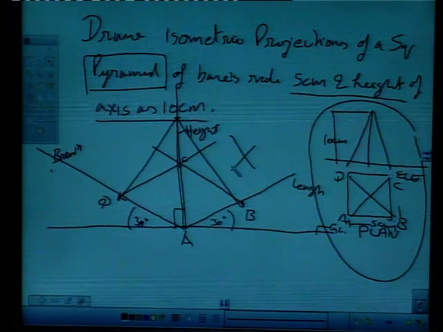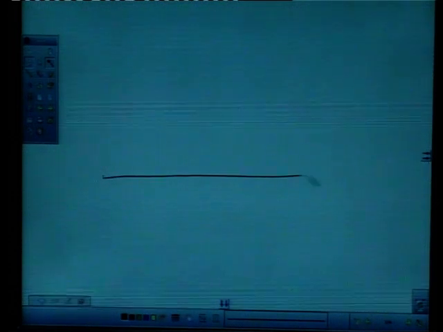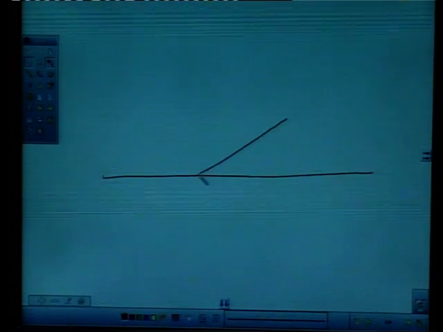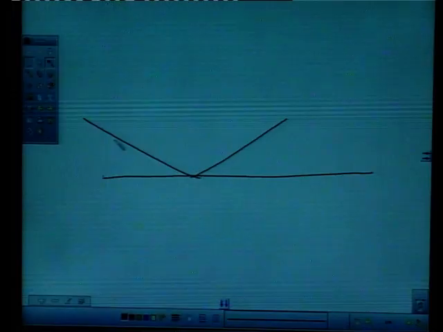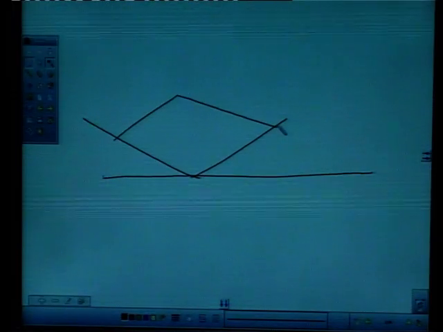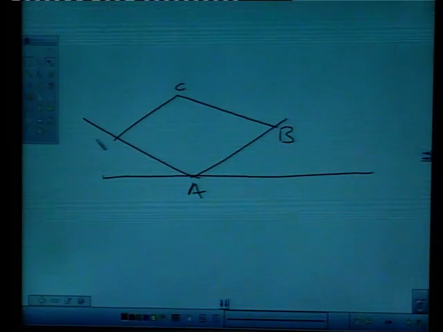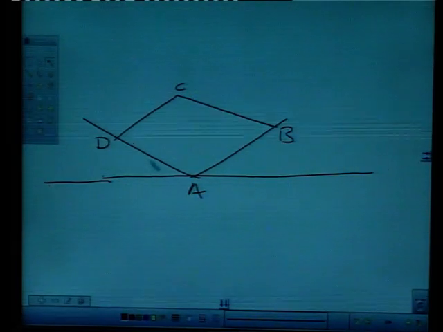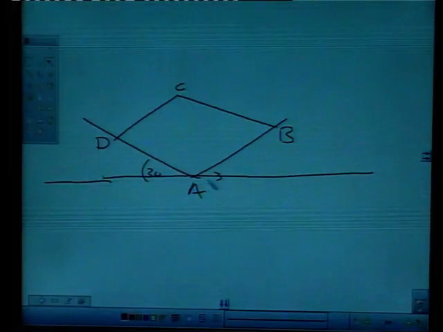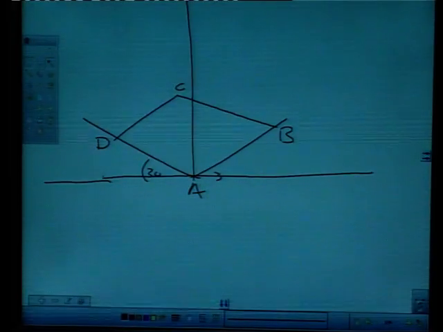What they should do is, right? Say this is A, B, C and D. This is a height line, right?